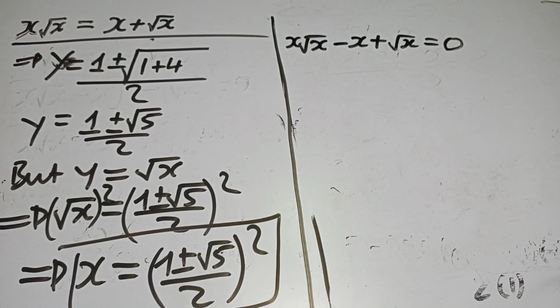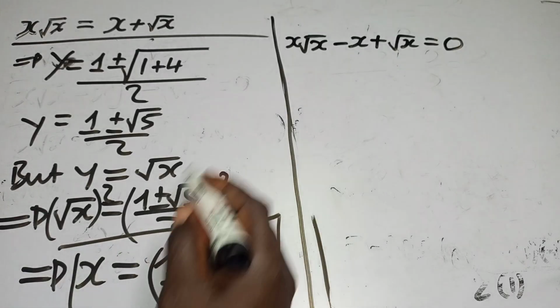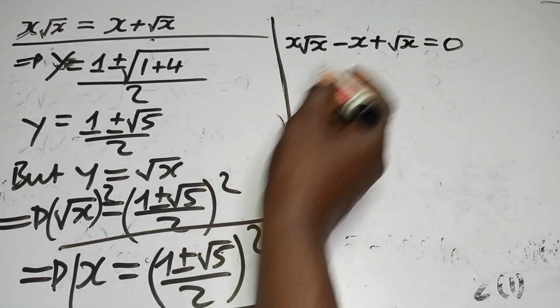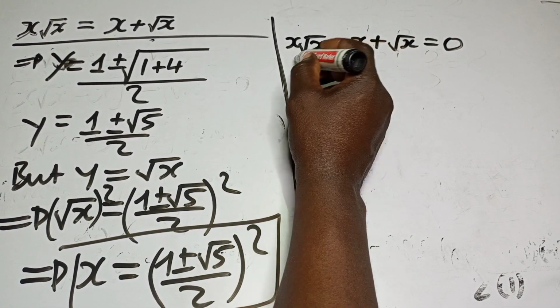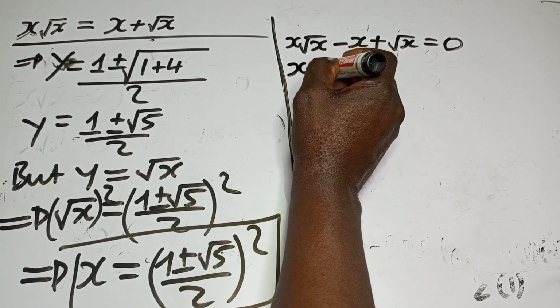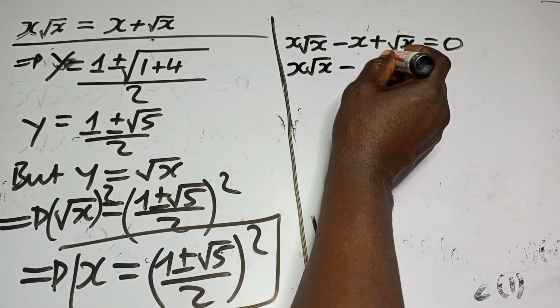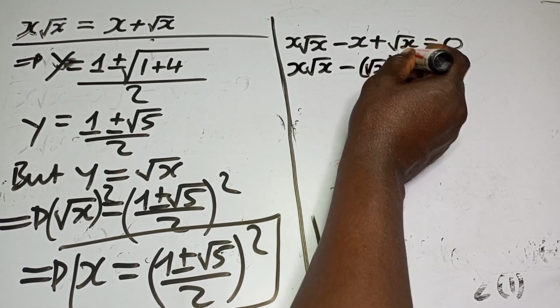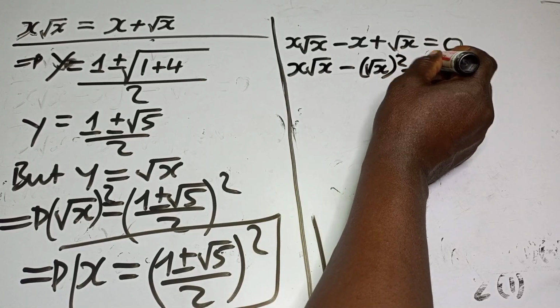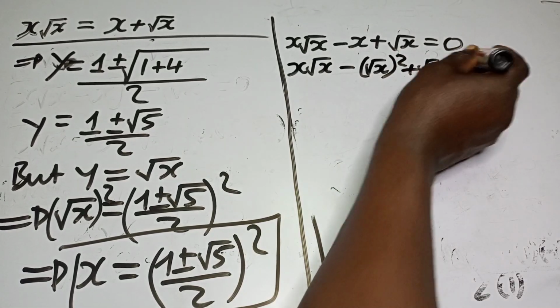That's the second equation we have to solve. Again, we see root x is common. We can always write x as root x squared. So we have x root x minus root x squared plus root x is equal to 0.